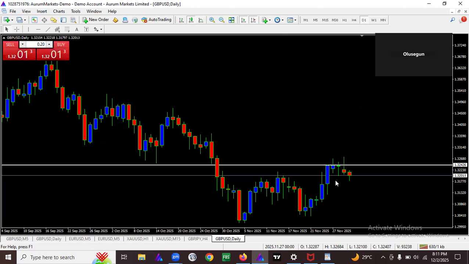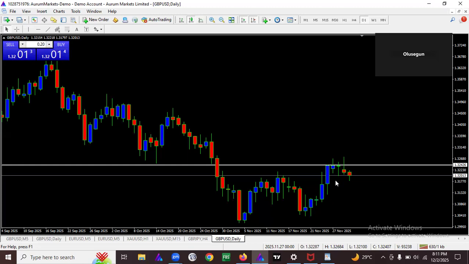So when the broker opens on Monday or Sunday night, most times there is always a gap because of the events that occurred during the weekend. Do you get it? Most times when the market opens on Sunday, you'll see a gap.